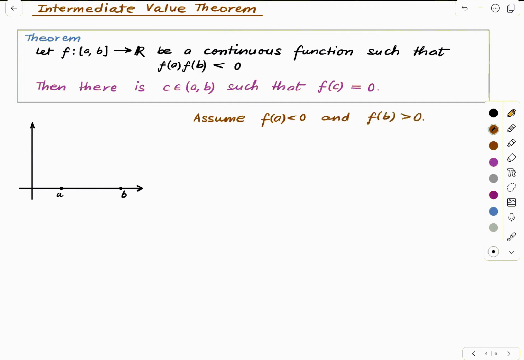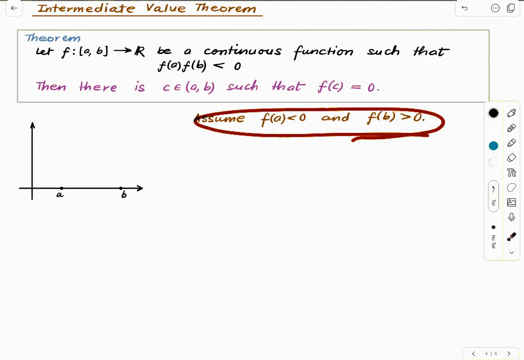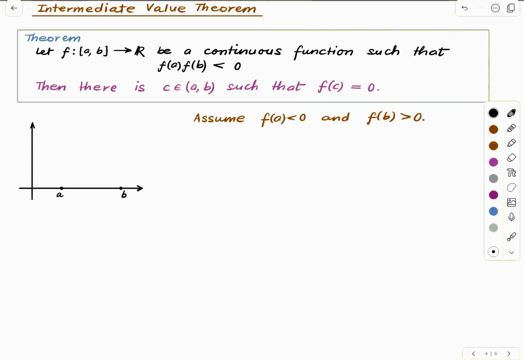The other case is that f(a) is greater than 0 and f(b) is less than 0, but that is very, very similar to this one. So this is the only thing we will look at the proof for. Okay, and just for my sanity, I will draw something here. Okay, so these are the function values. So this is the value at a and that is the value at b.